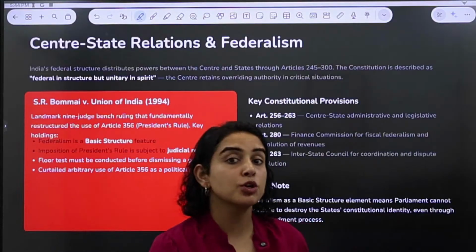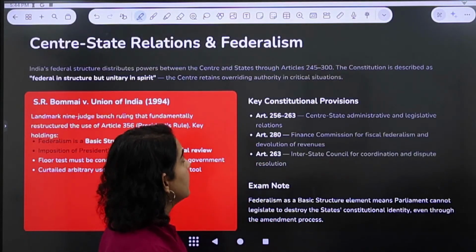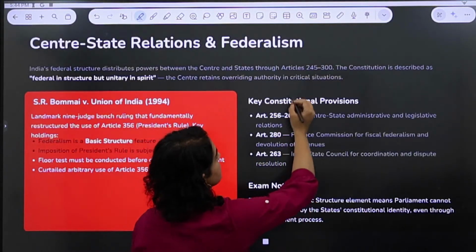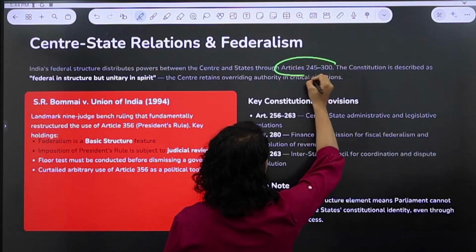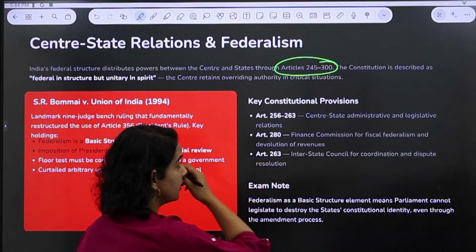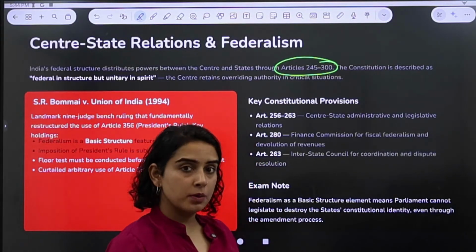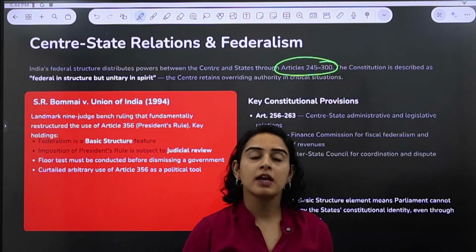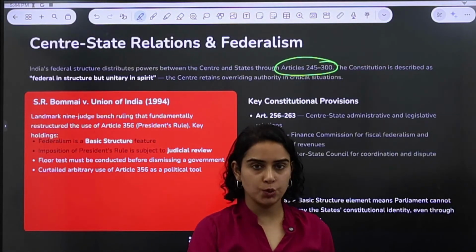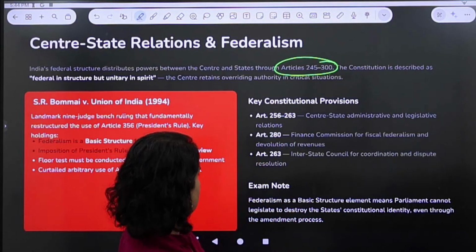That is something which the constitution defines, and this center state relation is discussed under article 245 to article 300, right? And it defines the power of the government. For the same, there is something called seventh schedule.